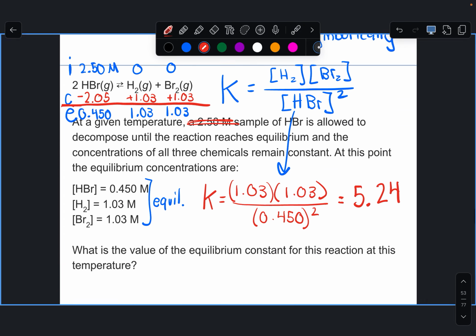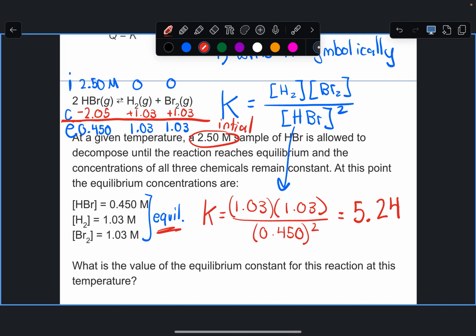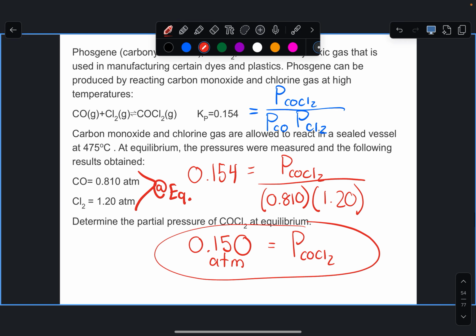In that previous question, it was important to understand that too. These were the equilibrium values. This was an initial value. It was before it had gotten to its balance point, okay? Because you are only allowed to plug equilibrium values into the K expression. That's the whole point. That's the concentrations once it's achieved that balance point, not when you first put it in the container.